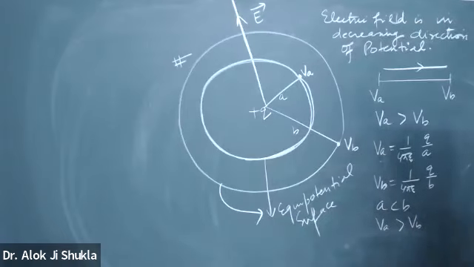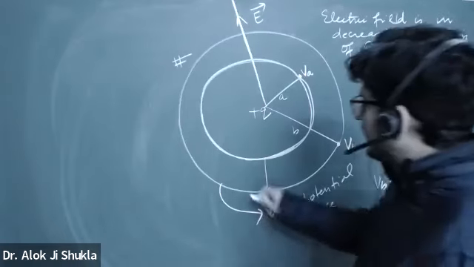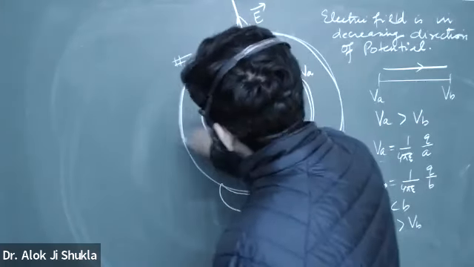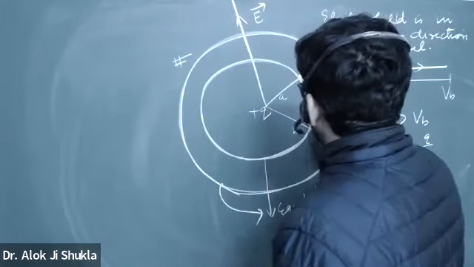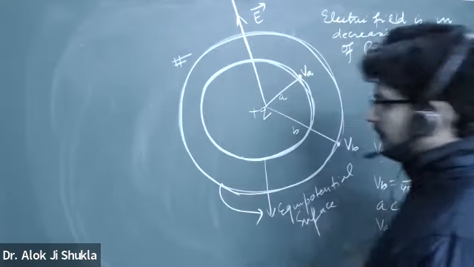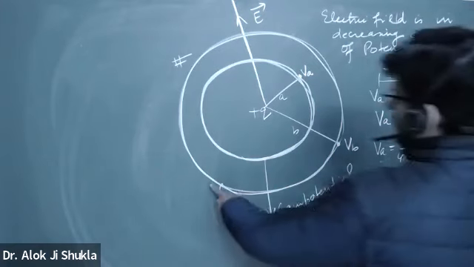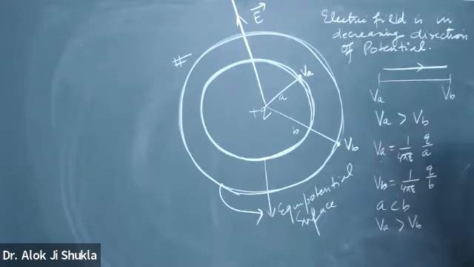They both have different potentials, but the whole of this sphere has one potential and the whole of this sphere has another potential. That's why these are known as equipotential surfaces.